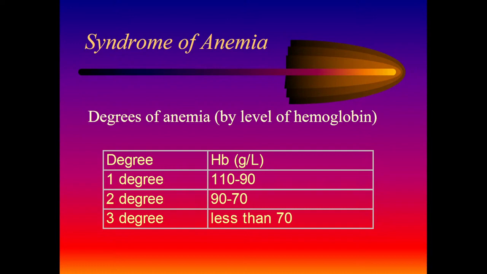We can distinguish different degrees of anemia by level of hemoglobin. The first degree of anemia is hemoglobin between 90 and 110. The second degree is between 70 and 90 grams per liter, and the third degree is less than 70 grams per liter.